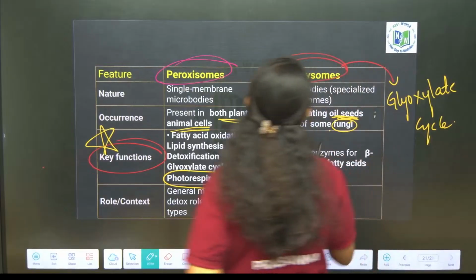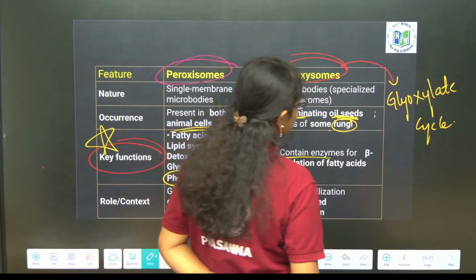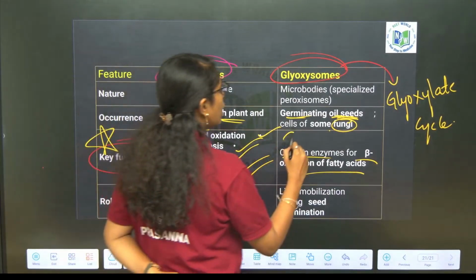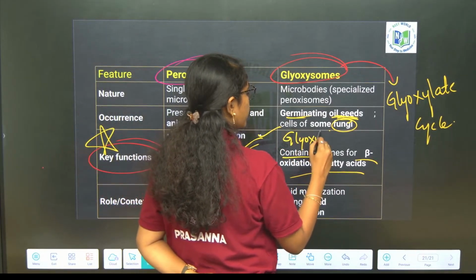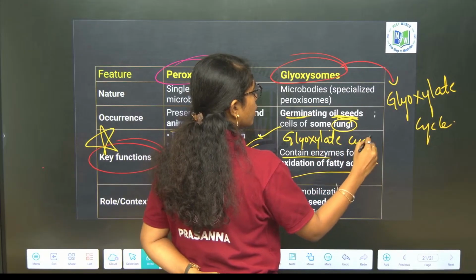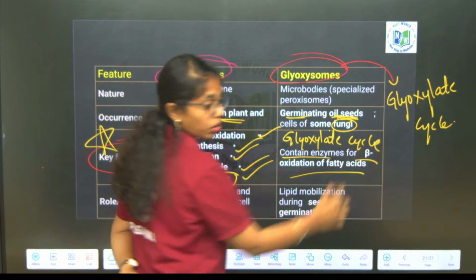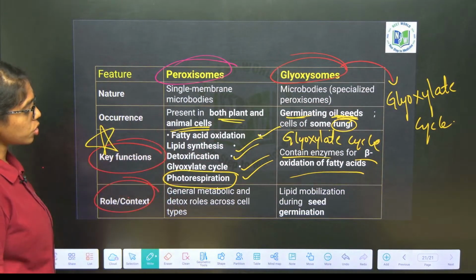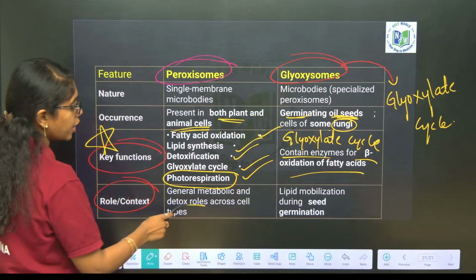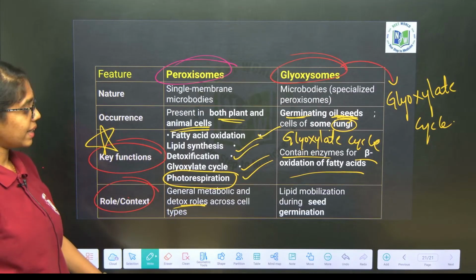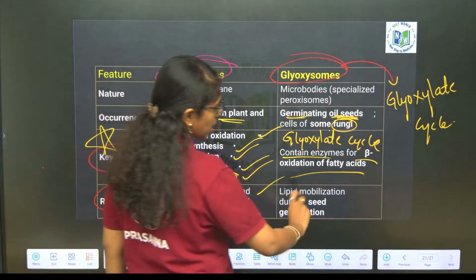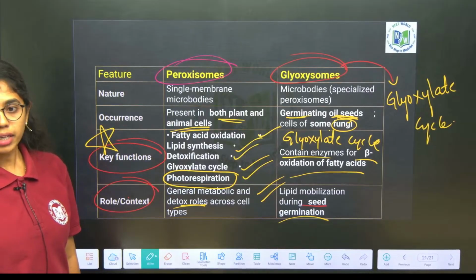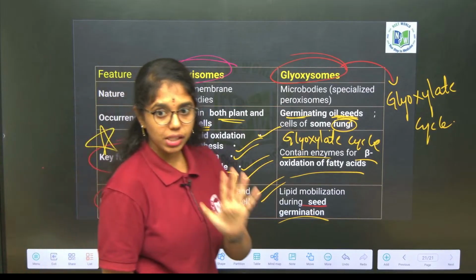Glyoxysomes contain the enzymes for beta oxidation of fatty acids, and here also the glyoxylate cycle operates in oil seeds. Then we have the role. What is the role of peroxisomes? General metabolic and detox roles are present in all cell types, and in glyoxysomes lipid metabolism takes place during seed germination. Fine. So, is the complete chapter clear to you?